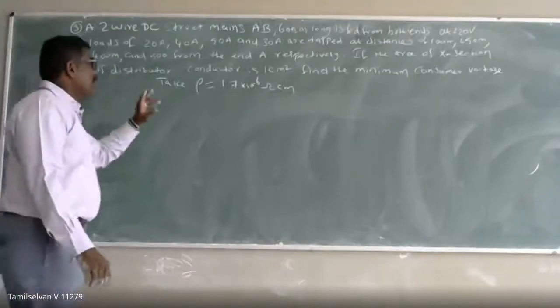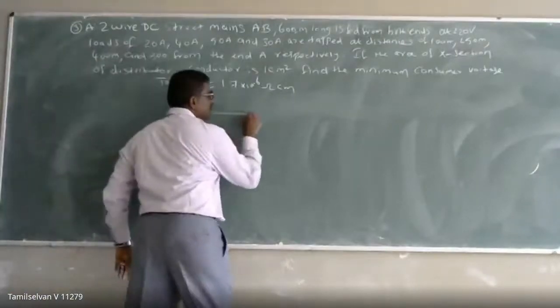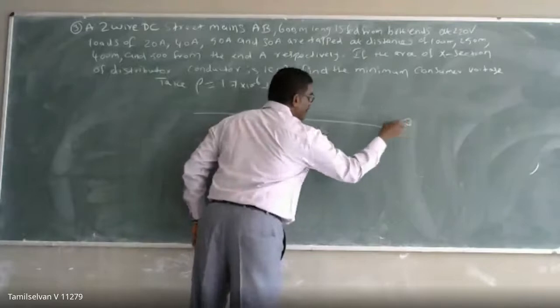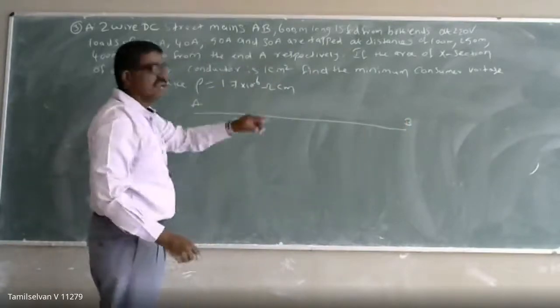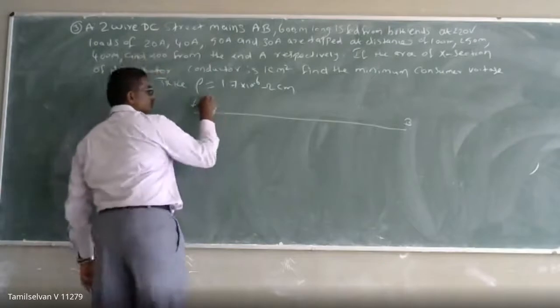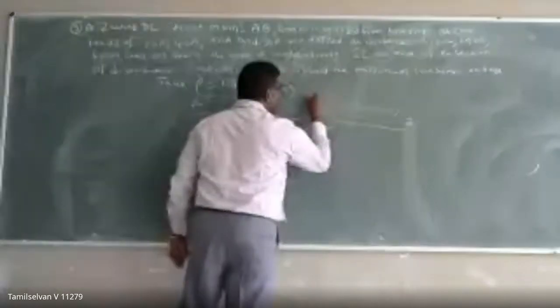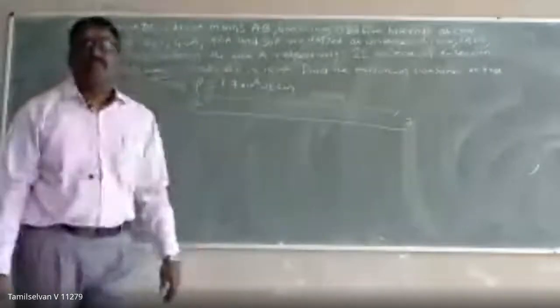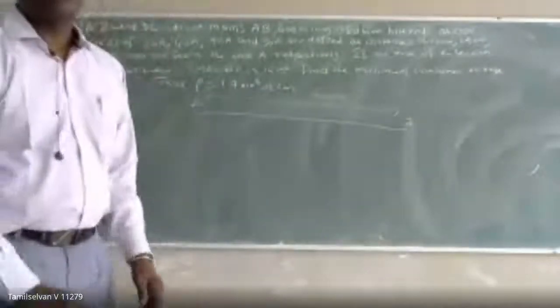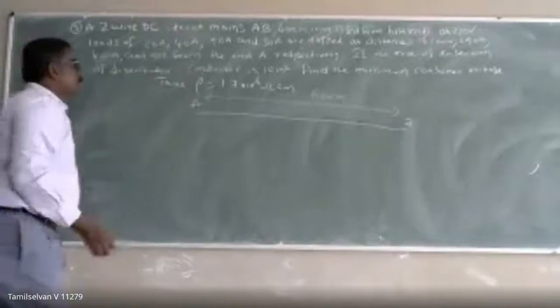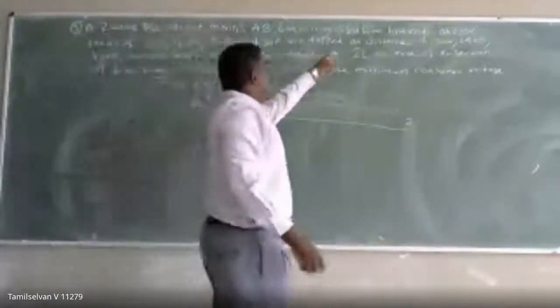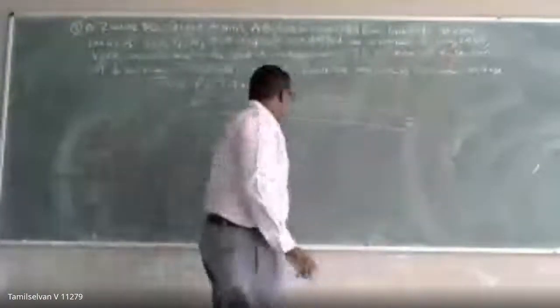The two-wire DC street main AB is 600 meter long. It means the total distance is 600 meter. It is fed from both the ends.